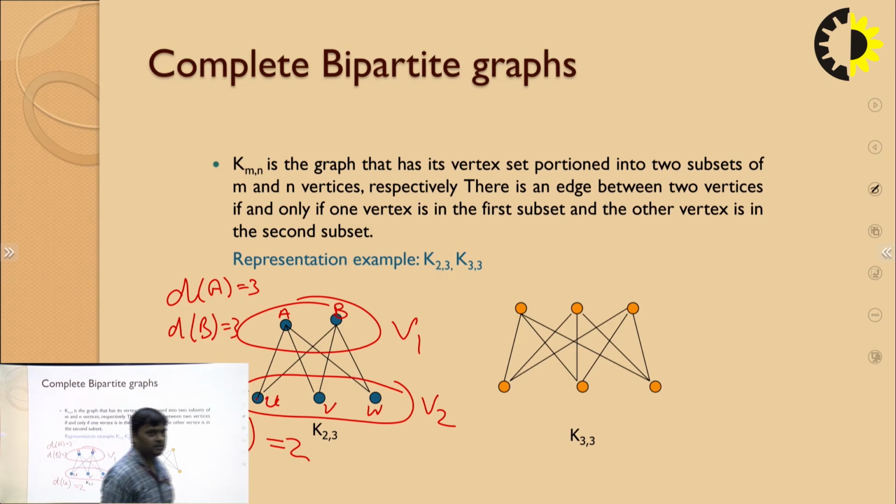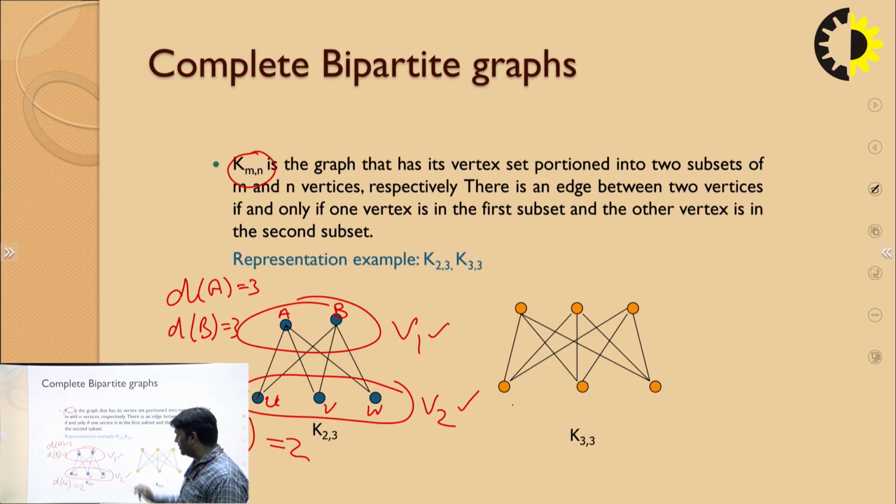As a definition, K(M,N) represents a complete bipartite graph in which M represents the number of nodes in V1 and N represents the number of nodes in V2. This graph is K(2,3).